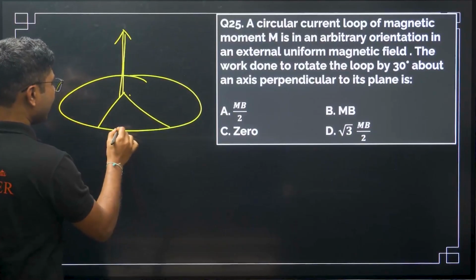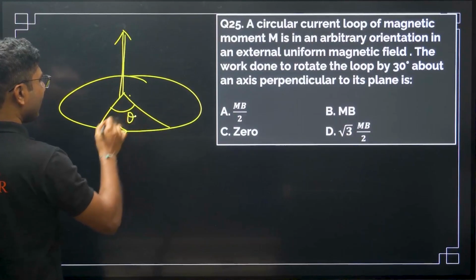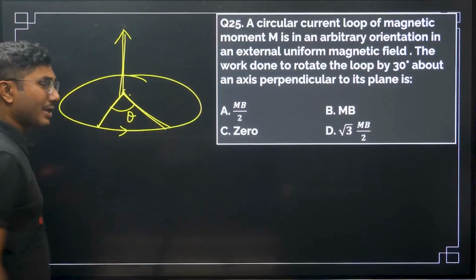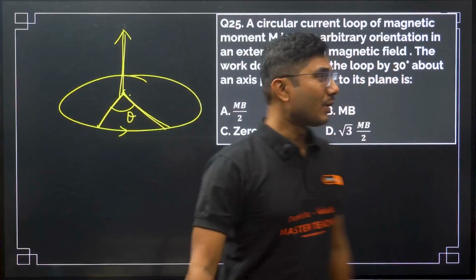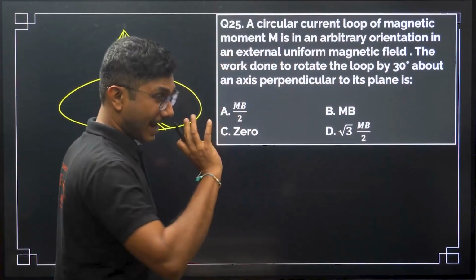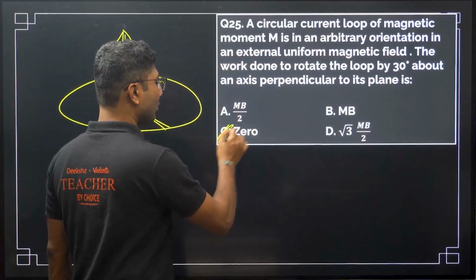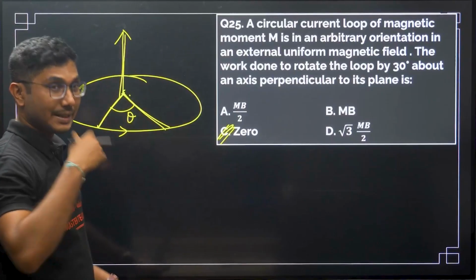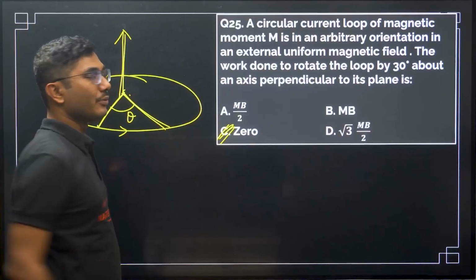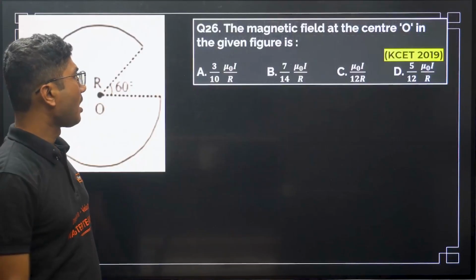But if you rotate it in this direction theta, the initial work done and final work done will remain the same, no change. So the work done required to rotate around this axis will remain 0. If you are rotating like this, then there will be some work done based on the angle, but in this case the work done will be 0.